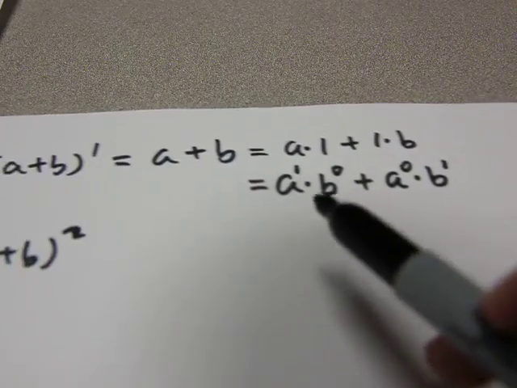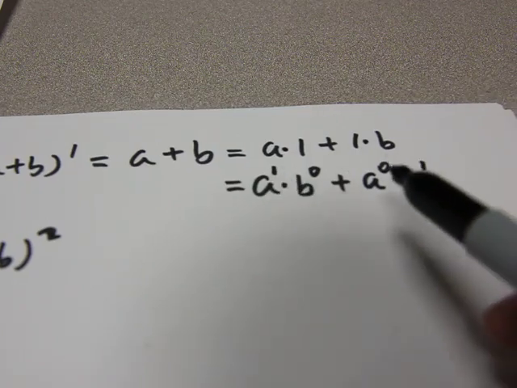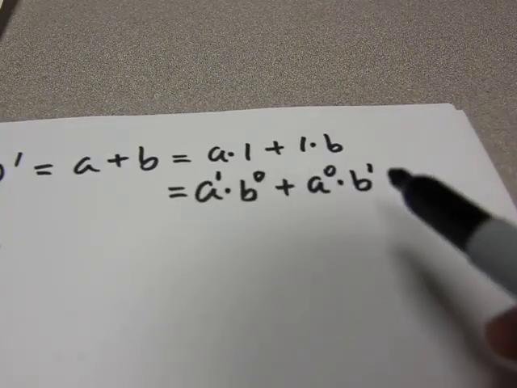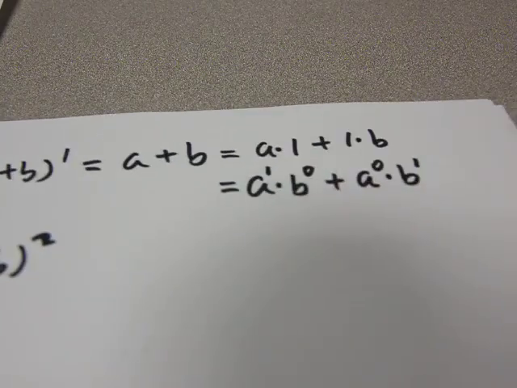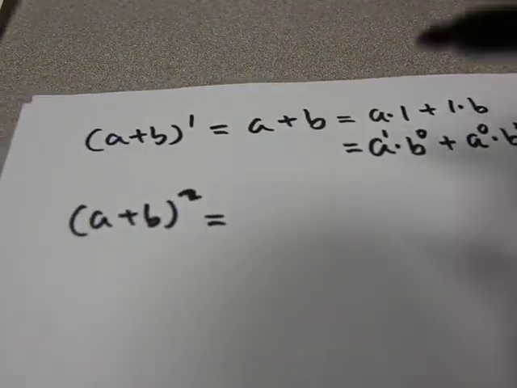In this example, the exponent of a changes from 1 to 0, and the exponent of b changes from 0 to 1, which corresponds to this integer n.